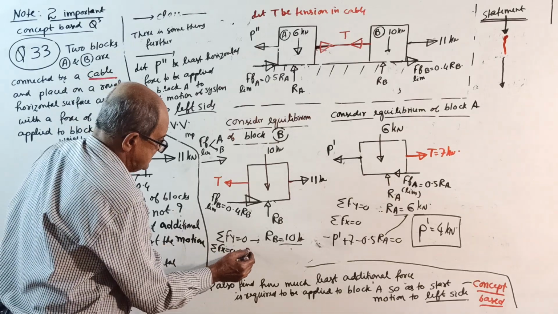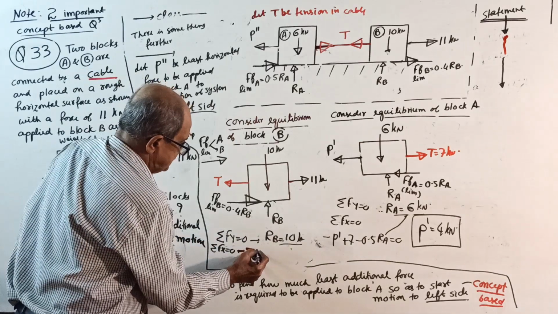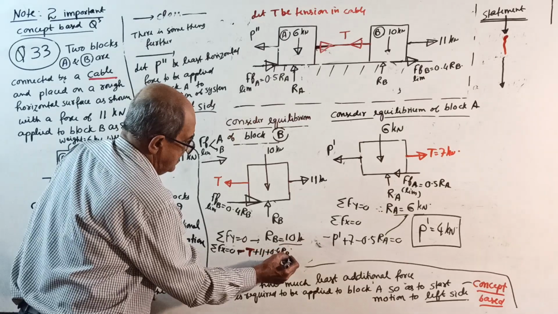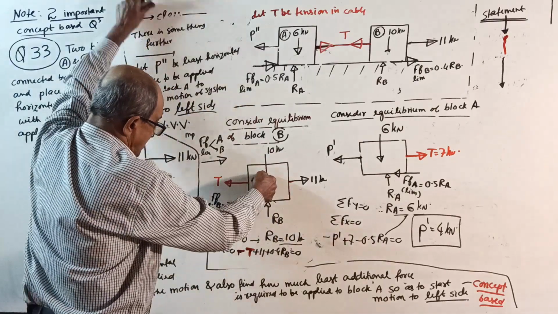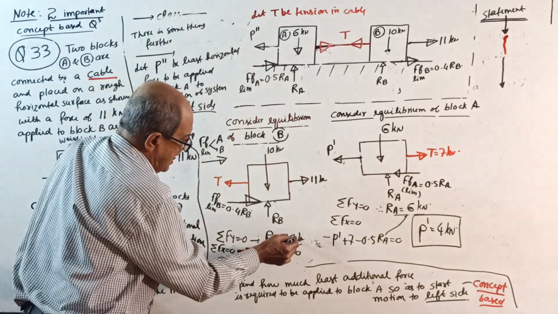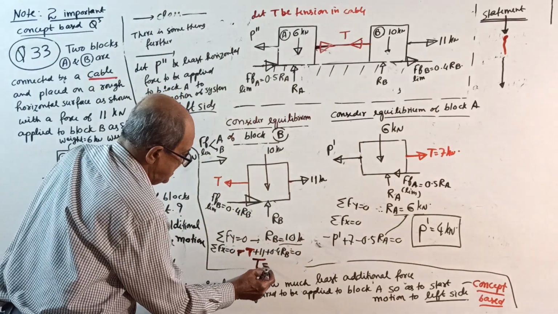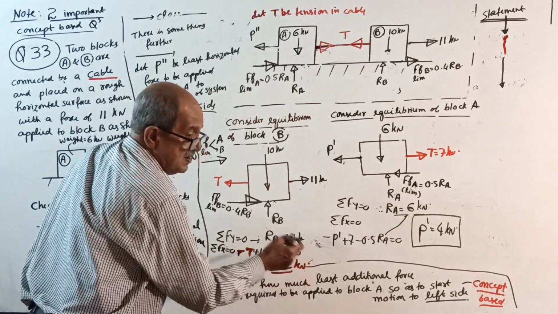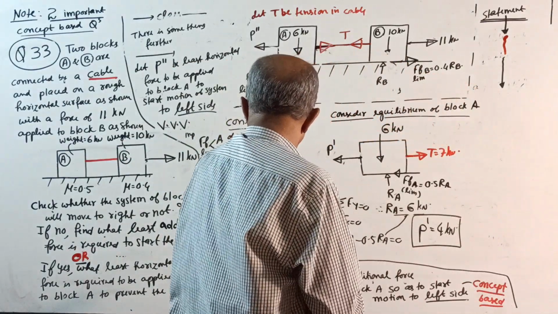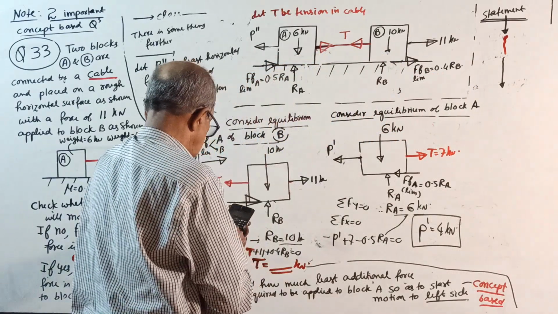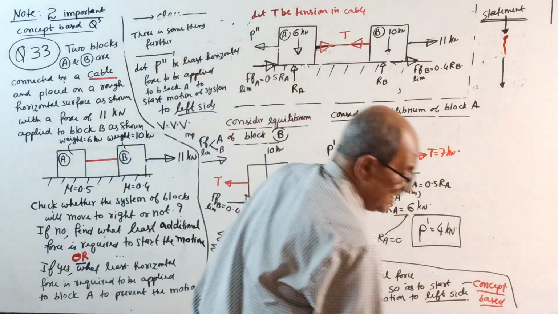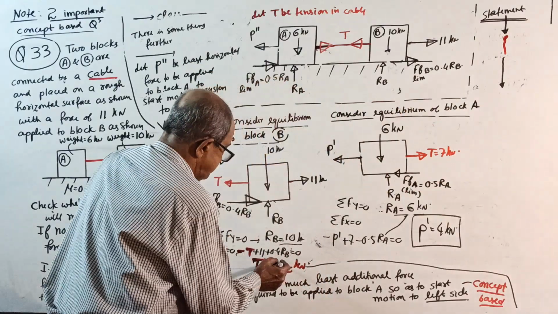So, minus T plus 11 plus 0.4 RB equals 0. Substitute RB equals 10. You will get the value of T in kilonewton. T will come, 11 plus 0.4 into 10, 15 kilonewton. T will come 15 kilonewton.